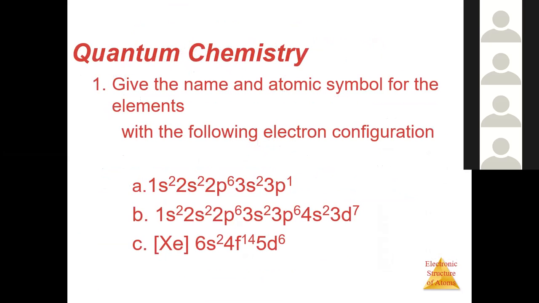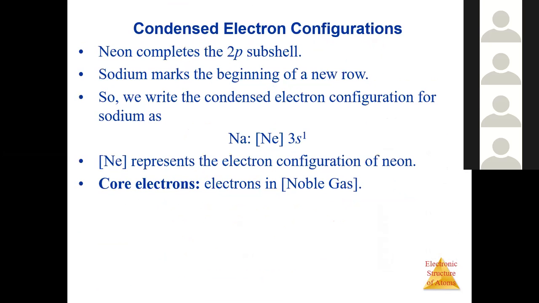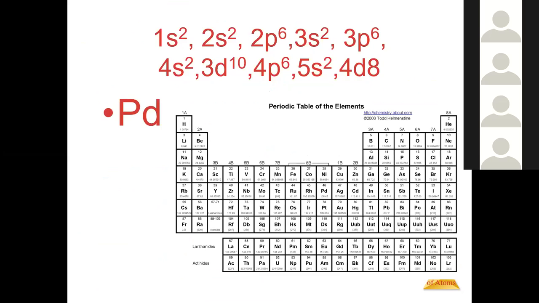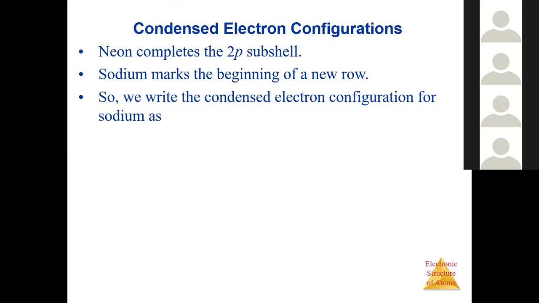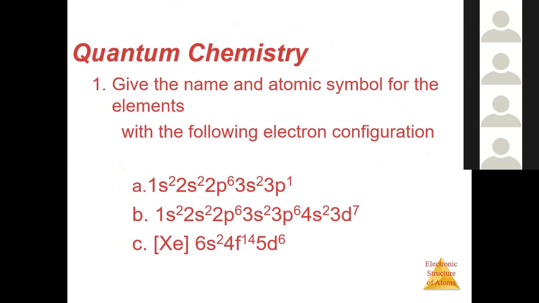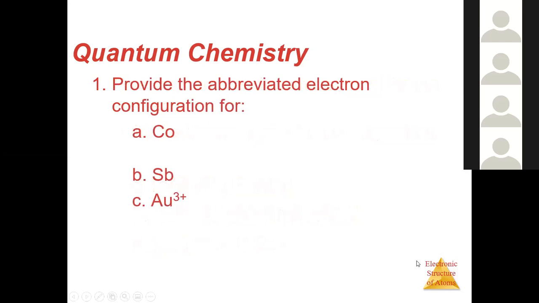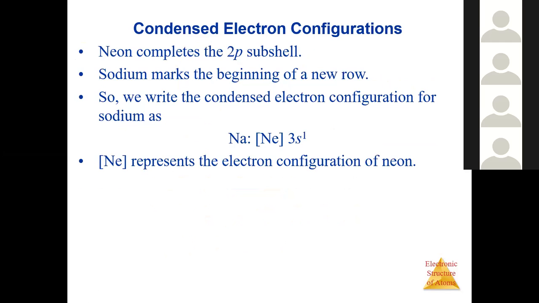All right. Give the name and atomic symbol for the elements that have the following electron configuration. Remember 3p1, Joe. 3p1. Al, aluminum. 3d7. Min, what's the element? 3d7.